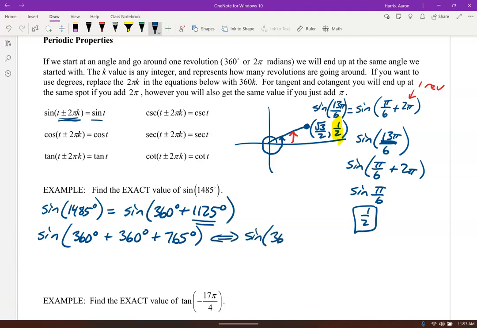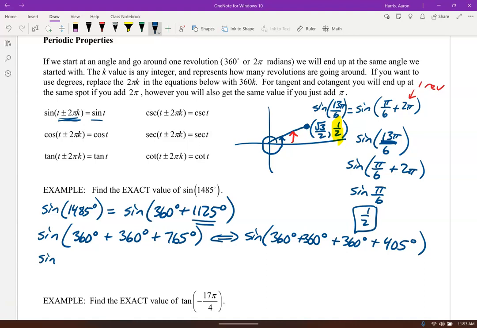So I've got 360, another 360, and now 765 minus 360 gives me 405. So 3 times around and 405. This is kind of how I'm thinking about it, doing it slowly here. Well, 405 is still bigger than 360.